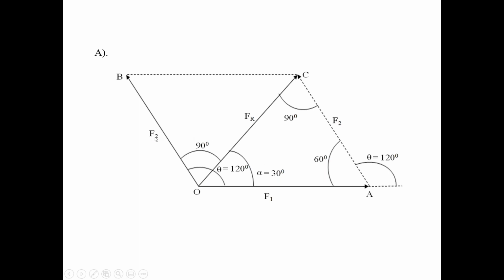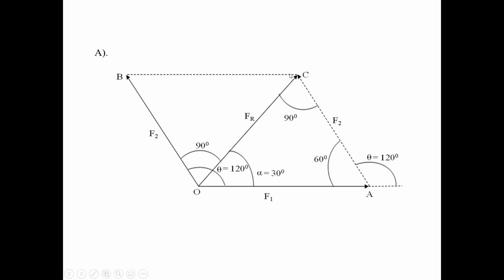Take F2, the unknown force, as the side OB of the parallelogram, such that the angle between OA and OB is 120 degrees. Then take the resultant force FR perpendicular to the smaller force F2, so the angle is 90 degrees.